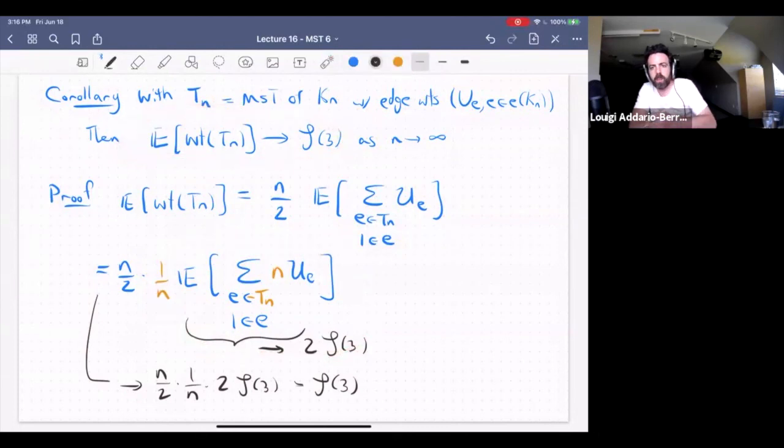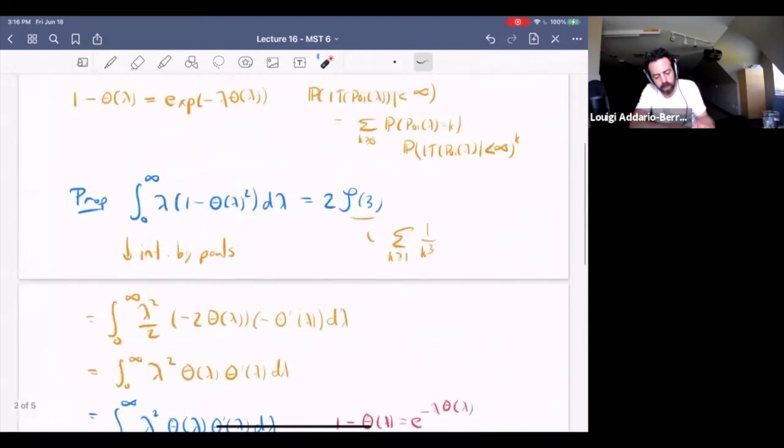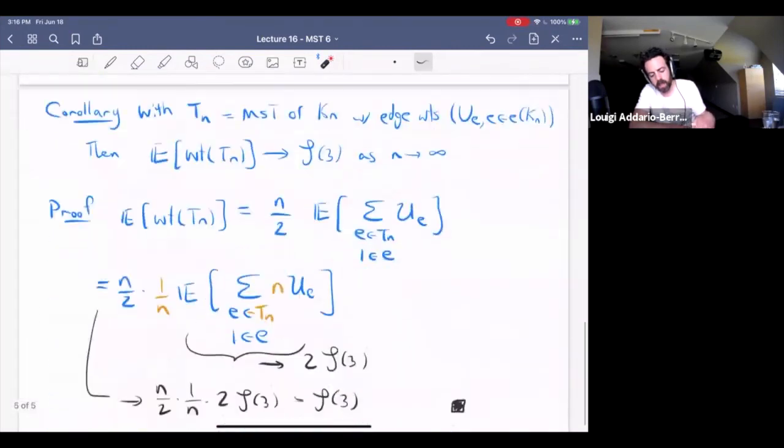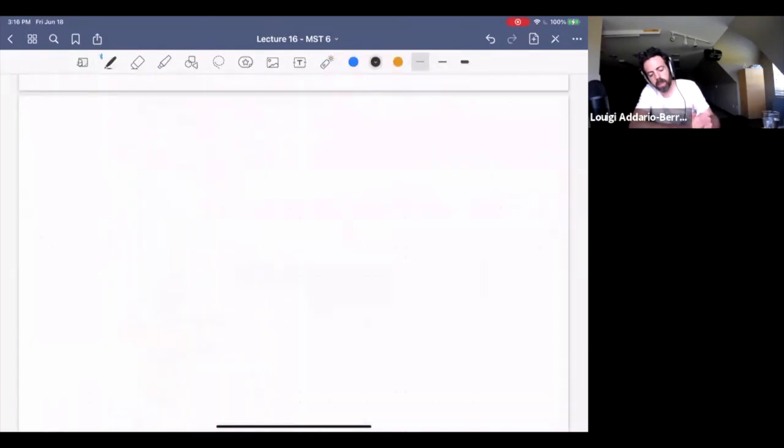Okay, so let me finish there and just say, another way to think about this factor zeta 3 emerging, or really about this integral here emerging, is if you think about the coupling between the random graph process and Kruskal's algorithm.